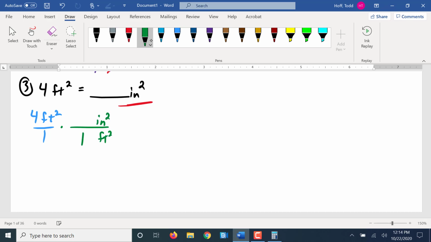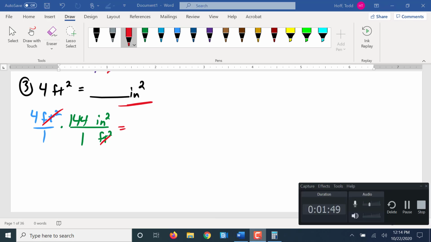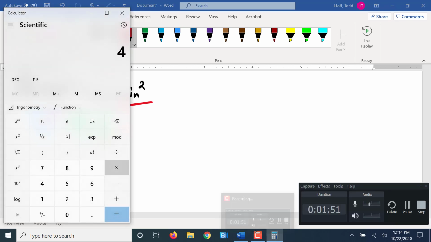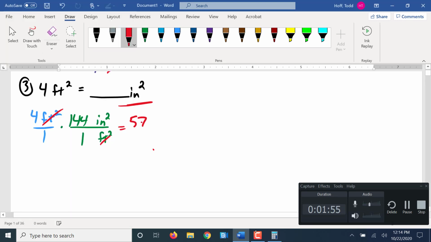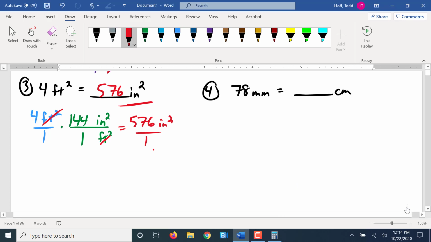The conversion is 1 square foot is 144 square inches. So the square feet cancel out. We have 4 times 144. We have 576 square inches on top. On bottom, 1 times 1 is 1. So that is 576 square inches.